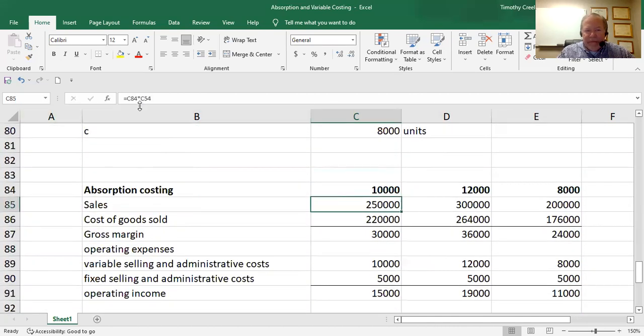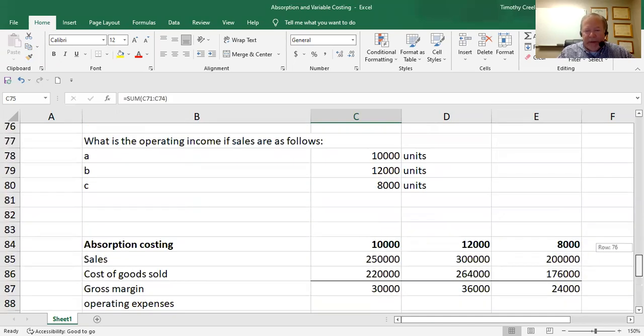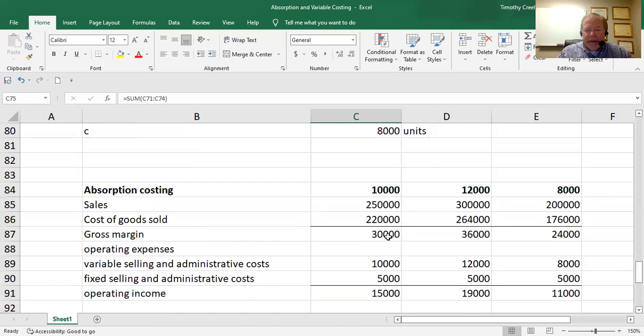And you can kind of see my formula right here. The cost of goods sold for absorption costing would be the number of units sold, 10,000, times the product cost under absorption costing, which is $22 per unit. So that would be 220,000.